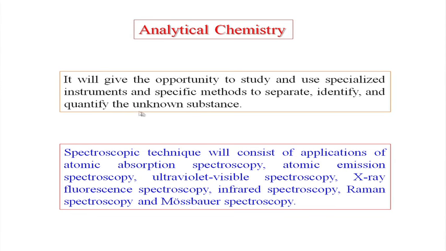When we use different instruments, we have to consider the basics of the spectroscopic techniques, so we should have some broad idea of them, because we have to apply these techniques in instrumental analysis, which is part of analytical chemistry. These include atomic absorption spectroscopy and atomic emission spectroscopy.